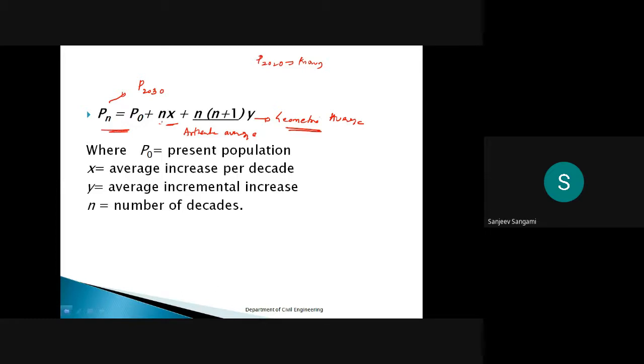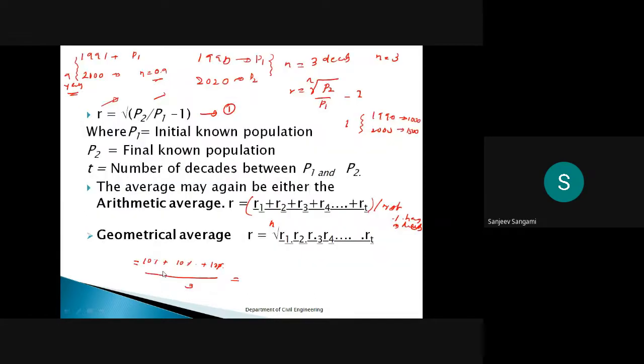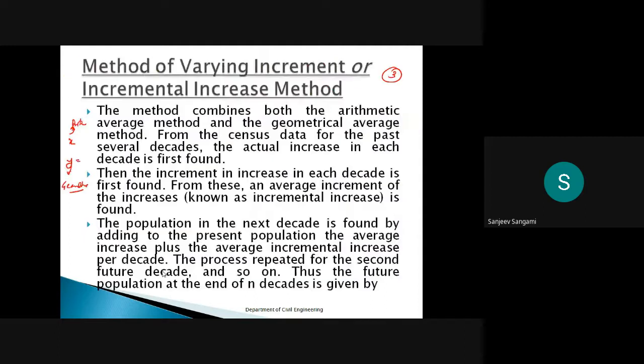In the previous class, we were discussing one problem, which we completed using the arithmetic increase method. In that method, we solved it by placing the data in a tabular column.